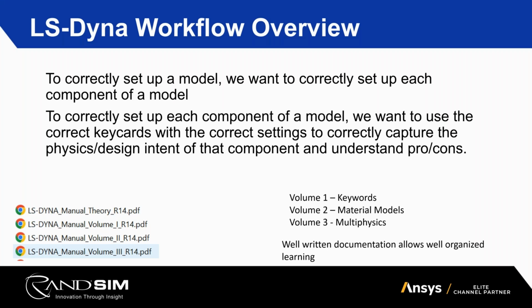But how do you know the individual component is set up correctly? You look at the key cards. If you know the key cards are being created in a way that corresponds to the design intent, for example, if I have a bonded contact, do I need to define at what point the bonded contact breaks? If I wanted to define something like that, I can do that. And that kind of behavior is what's defined in the key card. So when you want to generate a good model, you have to make sure the individual components are captured. And within the component, we want to make sure the key card corresponds to how we want that component to behave.